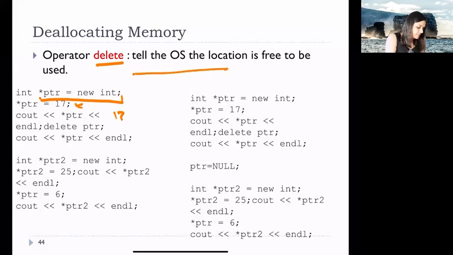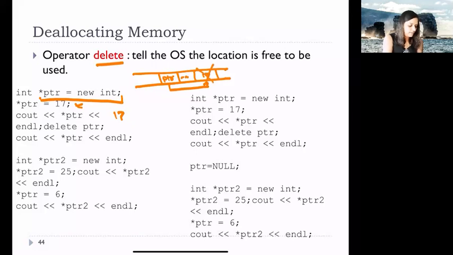So imagine this again as a memory stack. You have a pointer ptr that's pointing to a new location in memory. This location was never used before, and you are storing 17 in this new location. You are printing this 17, and then you are saying delete the item at this location.